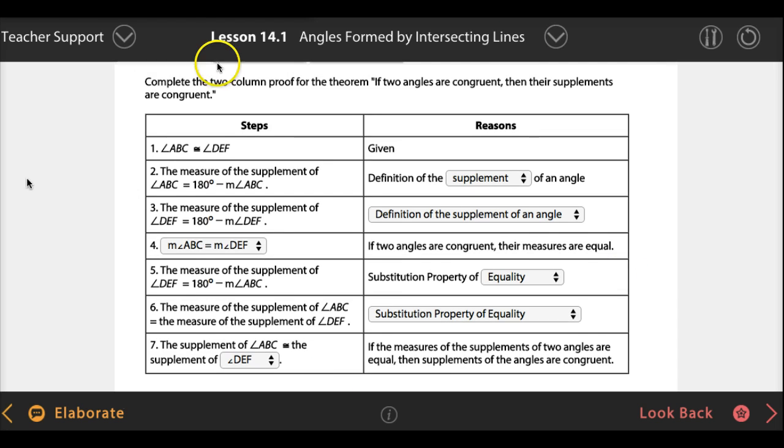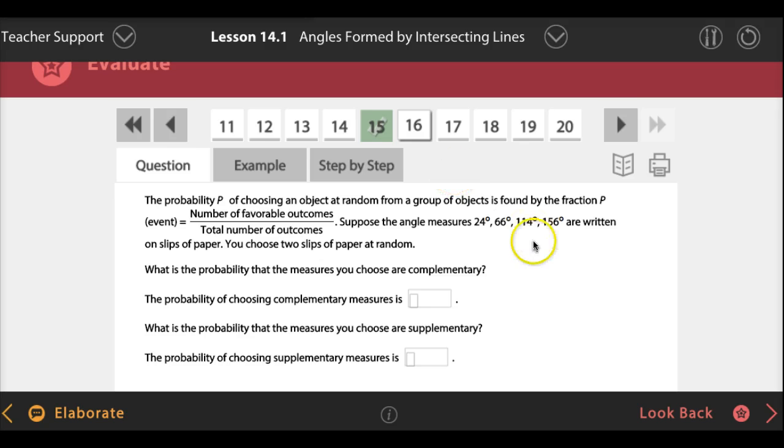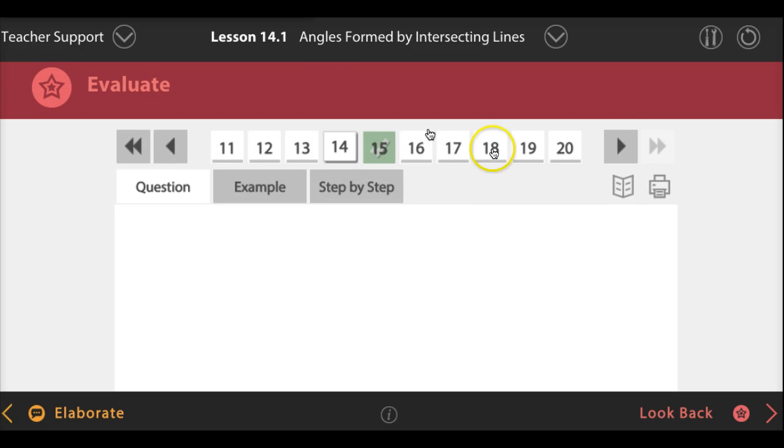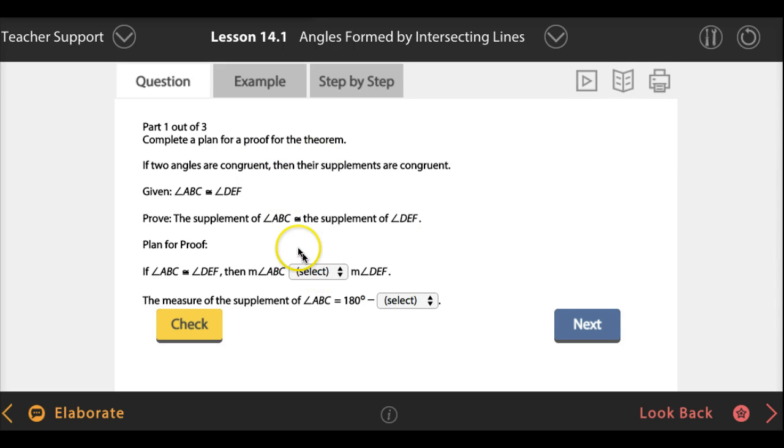But is this whole fill-in-the-blanks thing going to show up? Yes, it is, because I told you it is, okay? So maybe something easy like this. If these two angles measure the same, then the measure of the supplement is 180 minus ABC, right?